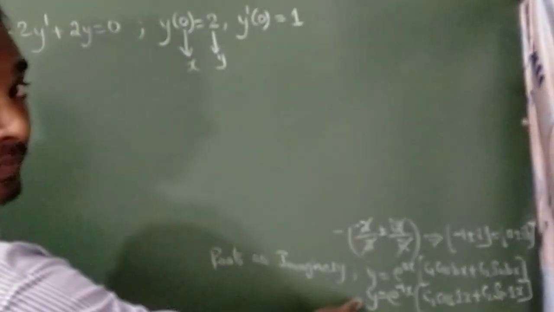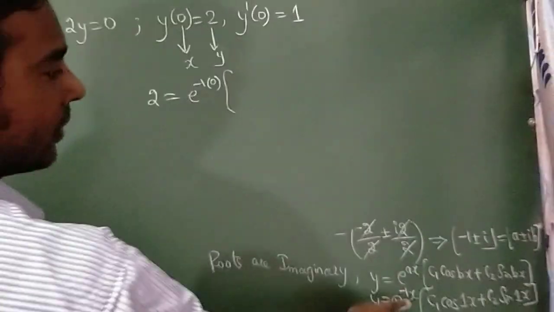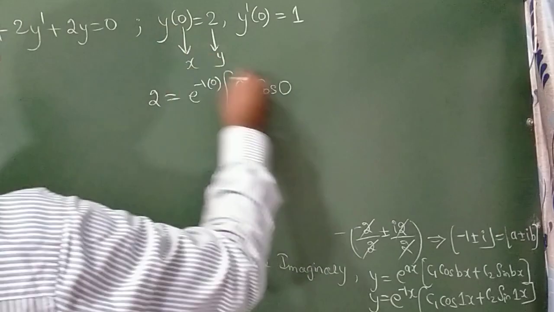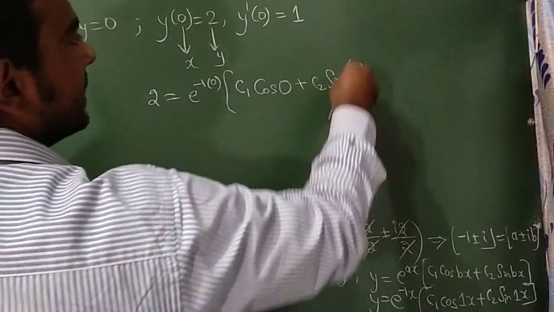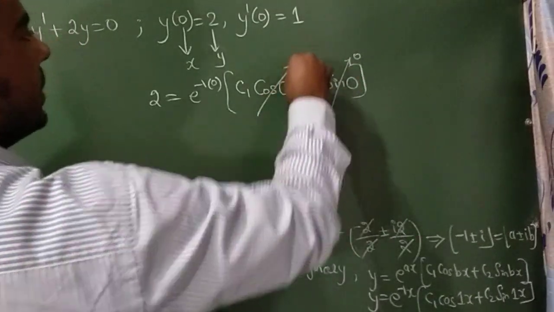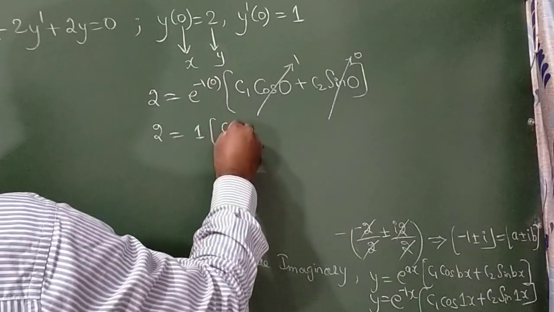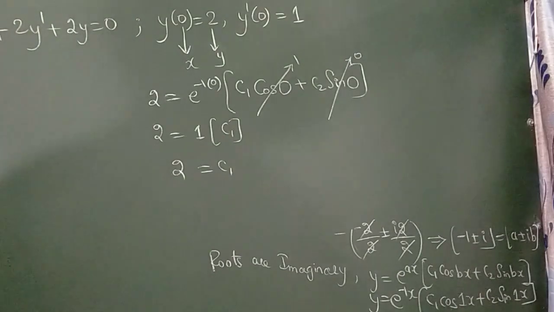So in place of y I am going to substitute 2, and e raised to minus 1 into x value is 0, c1 cos x value is 0 plus c2 sin x value is 0. Sin 0 is 0 and cos 0 is 1. So 2, e raised to 0 is 1. So c1 value is 2. Fine.